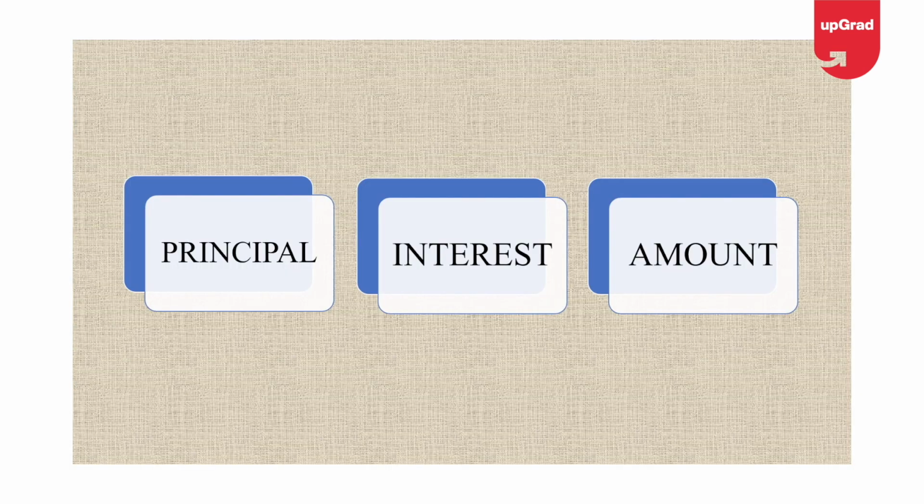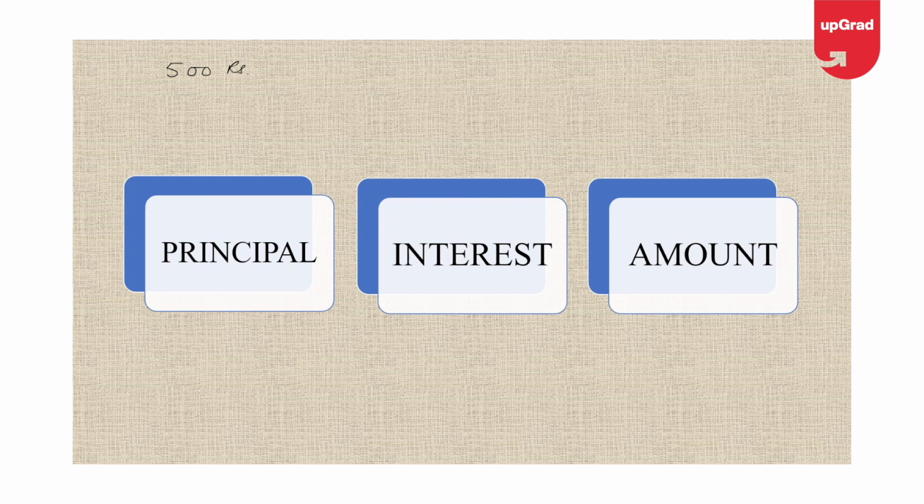The first thing that comes to you is the difference between principal, interest and amount. Now, what do you understand by principal? I know these are some very basic terms that we have studied during our school days, but for that we need to understand the differences as well. What is principal? Suppose I borrowed a sum of 500 rupees from the bank.